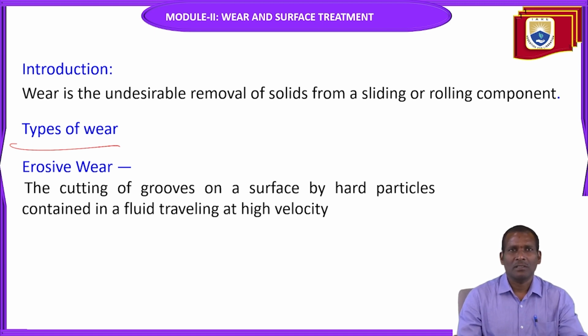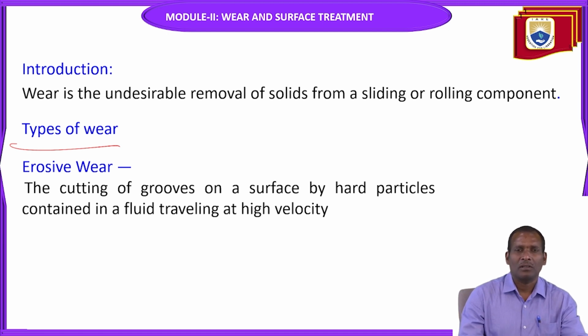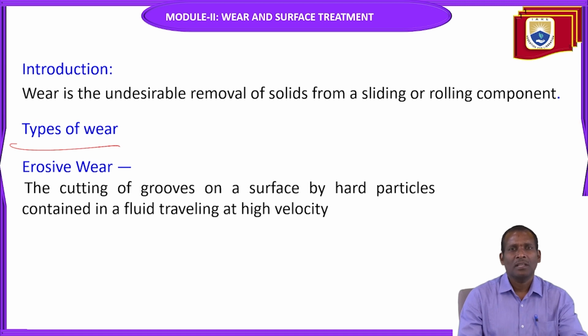Because whenever two bodies are in relative motion in sliding contact, there is friction and there is wear. Whenever a high velocity fluid passes over a surface, the hard particles contained in the fluid cut grooves on the surface and create wear.